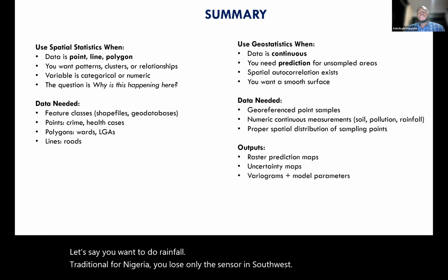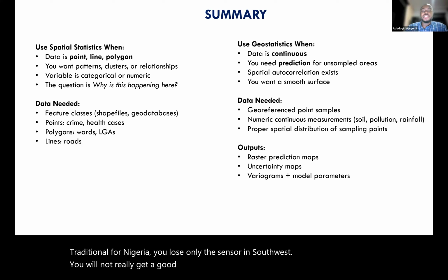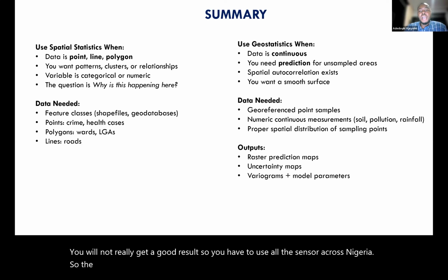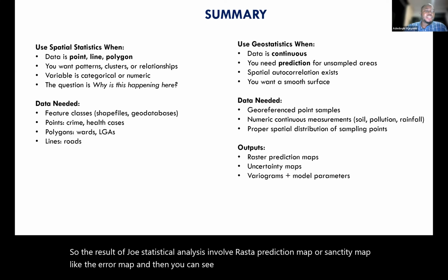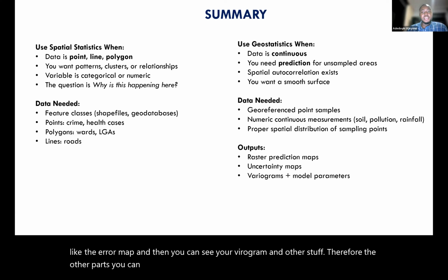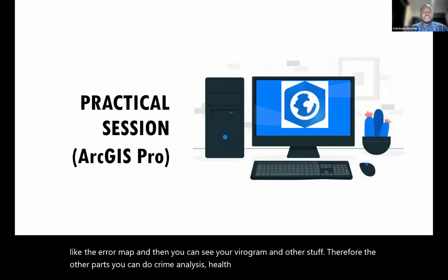You will not get a good result, so you have to use all the sensors across Nigeria. The result of geostatistical analysis involves a raster prediction map, an error map, and then you can see your variogram and all those things. Then for the other part, you can do crime analysis, hotspot analysis, and so on. So thank you very much.